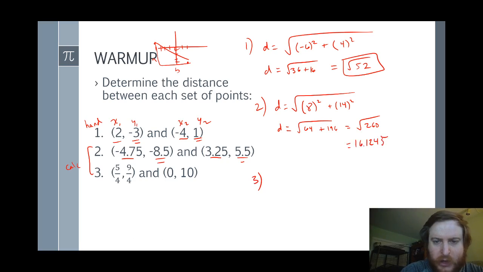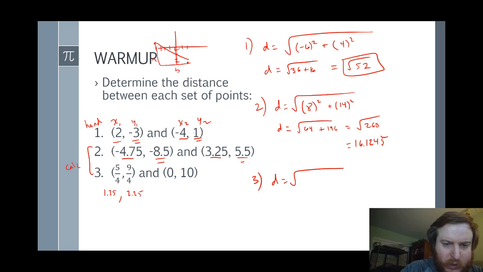And then for number 3, again, I said you could use a calculator. So 10 minus 9 fourths. Now I'm going to write these as decimals. So this is 1.25. And this is 2.25. So 10 minus 2.25, we should end up with 7.75 squared. And then plus 0 minus, we'll end up with negative 1.25 squared. If you left those as fractions, that's fine too.